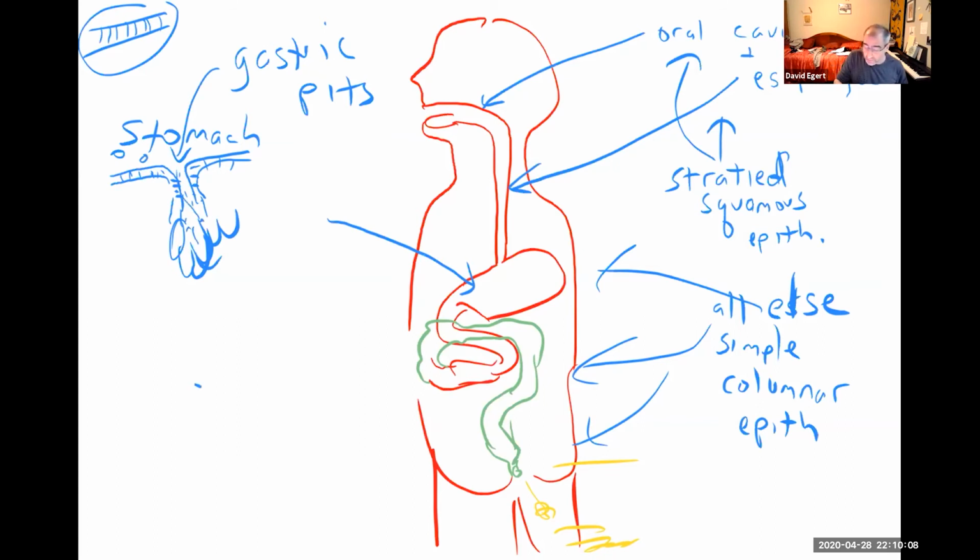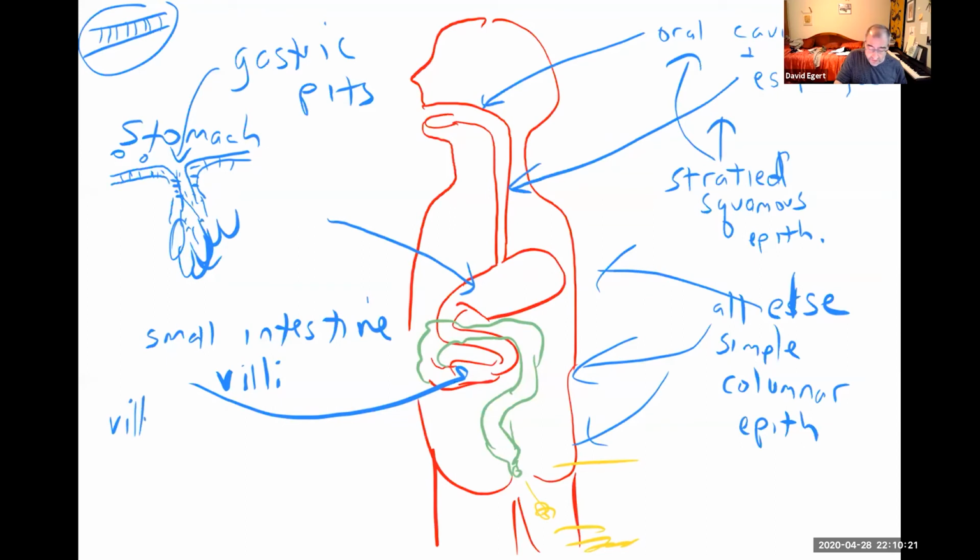When we get to the small intestine, we have what are called villi. A villus is like a little finger. The simple columnar epithelium is actually thrown up into all of these little fingers.